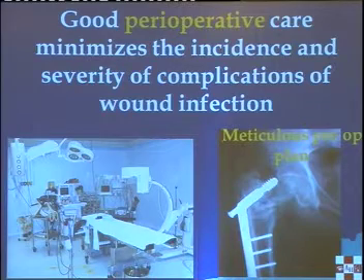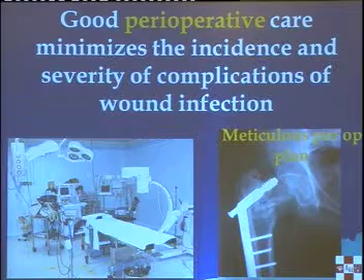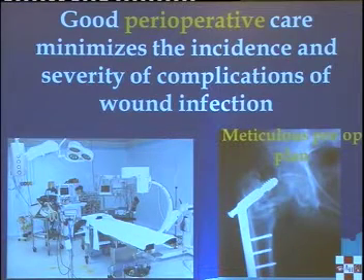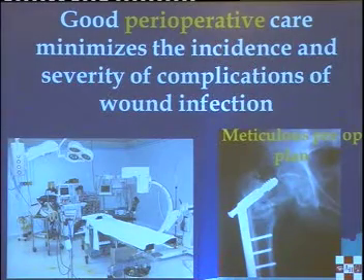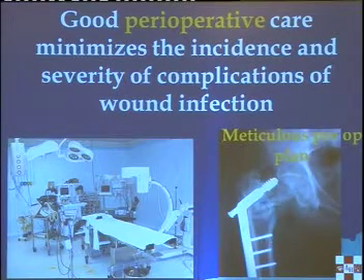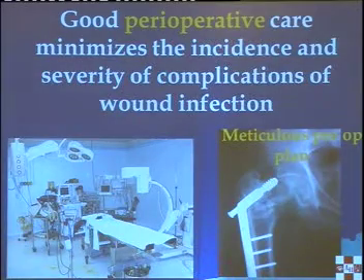You know what position of the table, what incision, what will be my approach, where I am going to cut it, what osteotomy I am going to get, how I am going to fix it, what is going to be my post-op management. And if you have not planned it well, it may take you 1 hour, 1.5 hours, or 2 hours. As the time of the surgery increases, the chances of your patient getting infection increase manifold.